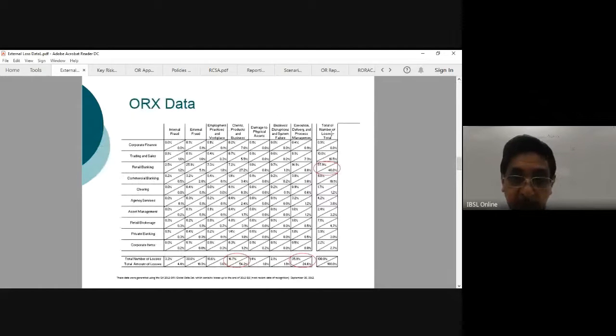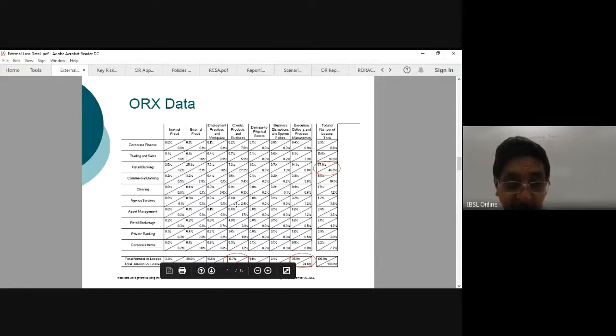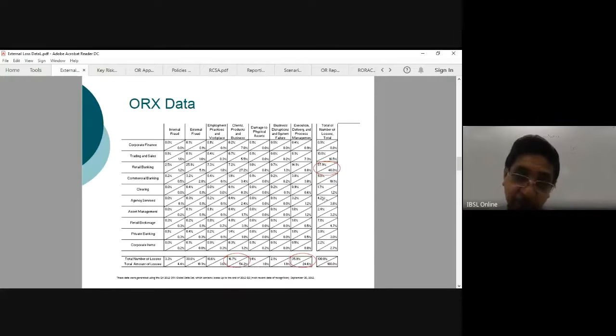Now I think it is easy for you to just look at this database and see in what form we are going to make use of this data to get what type of information.